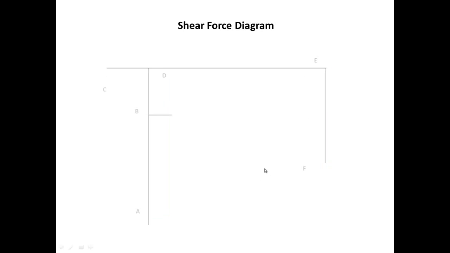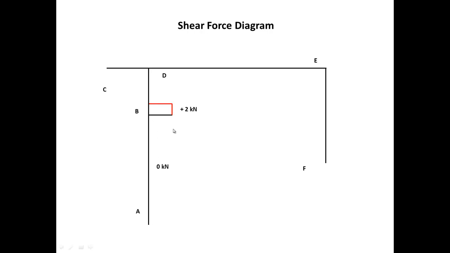For the shear force diagram, that's the frame, no shear in this one, in AB. We have a shear of +2 kilonewtons in B, B prime, no shear in this one, and for this one it's -2 kilonewtons and -6 kilonewtons.